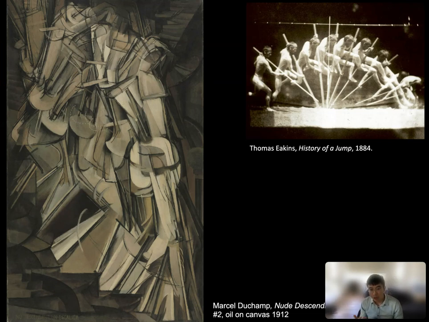Marcel Duchamp, or in French, Marcel Duchamp, painted this Nude Descending a Staircase, oil on canvas. Well, this is a photograph. Marcel Duchamp's is oil on canvas, but he's replicating, right? He's trying to mimic that sense of motion, the sense of movement through painting.